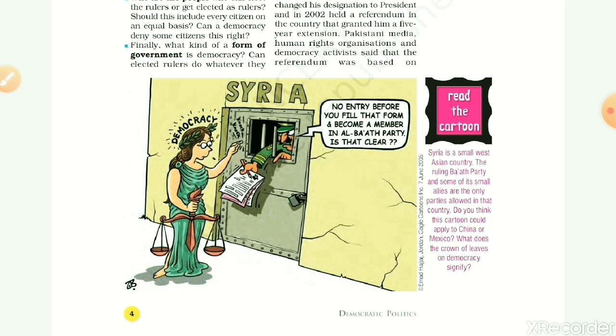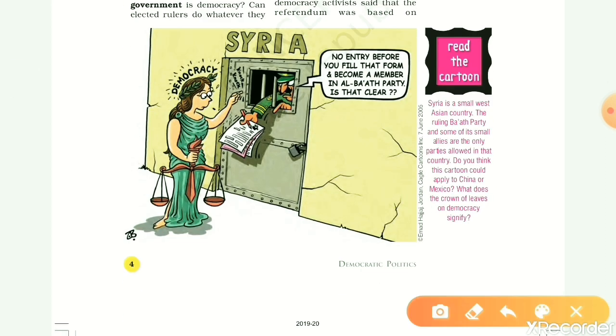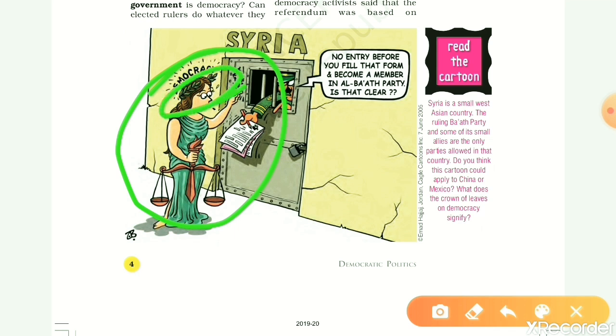When you are going to read cartoons, you have to be very careful, because there are questions like, what does the crown of leaves on democracy signify? So there is a democracy and a crown of leaves. The crown of leaves on democracy is used to represent a circle of leaves that is placed on someone's head as a victorious sign.